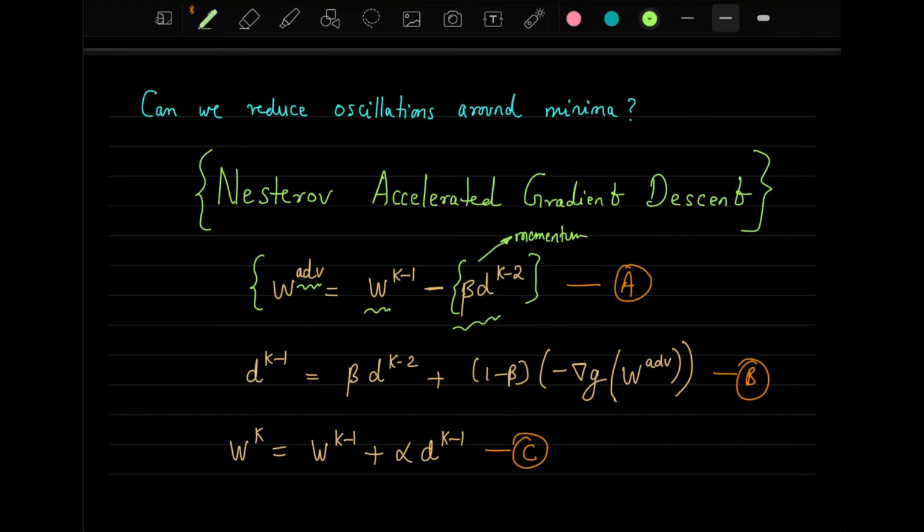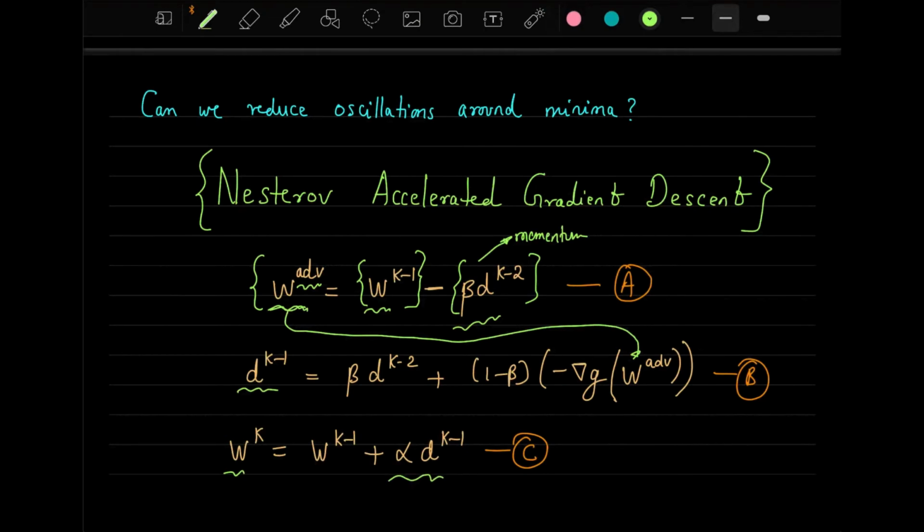So it is taking the momentum into consideration and subtracting it from the original vector Wk minus 1 to get W advanced. And once that W advanced is there, it is used in the gradient calculation to get this dk minus 1, and then Wk is updated using this.